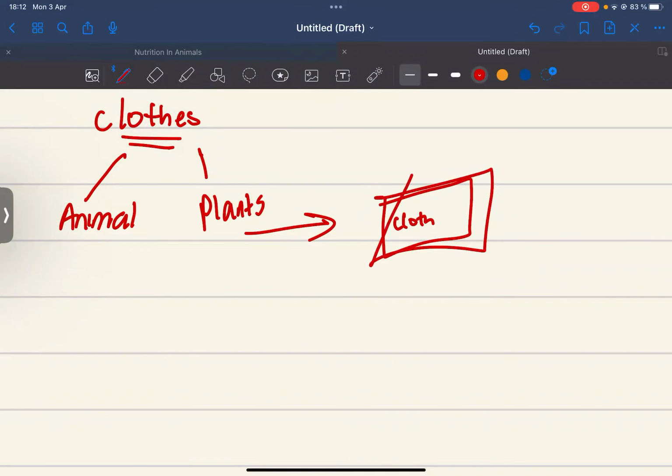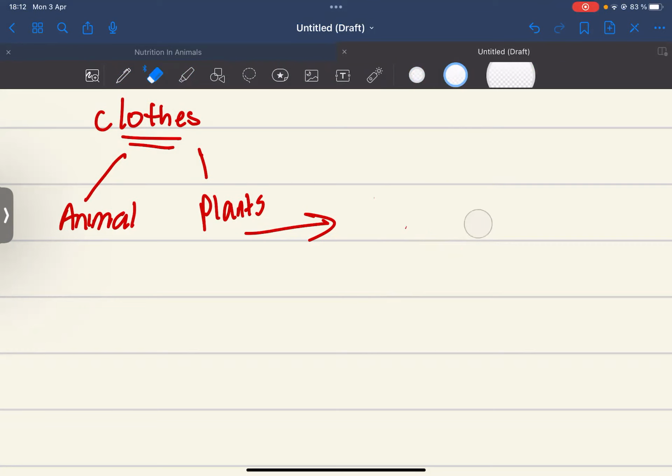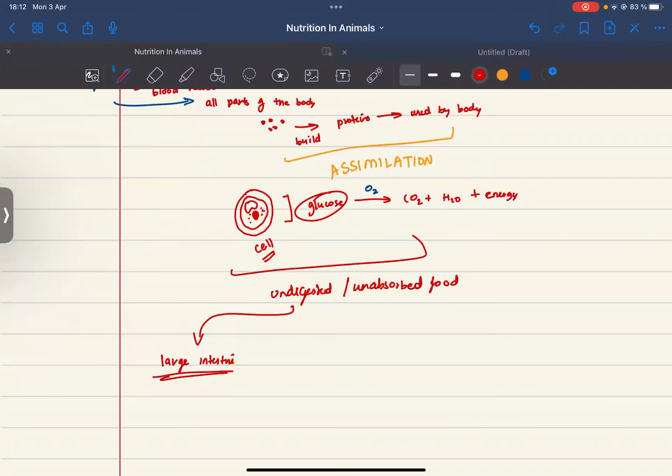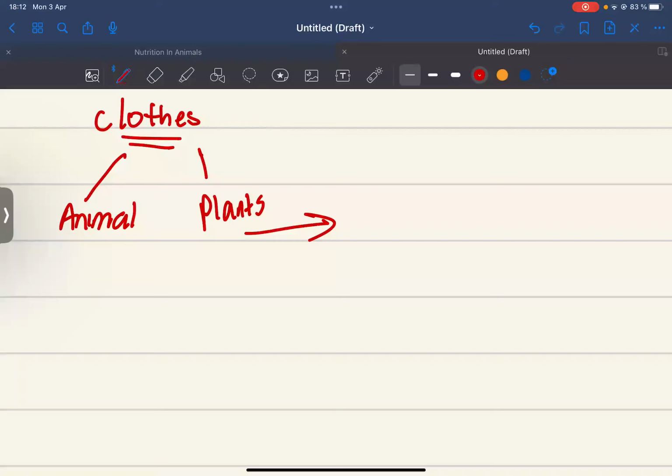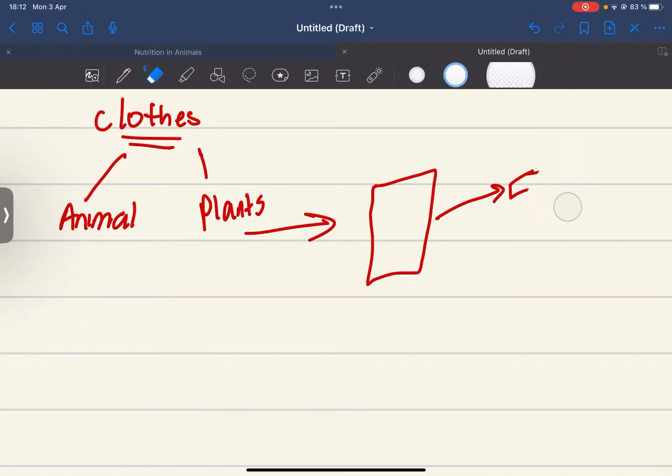Is it? How many of you agree? So you're growing a plant, the plant will give you a cloth like this. From that cloth, I can stitch my t-shirt. Is it? Yes, ma'am.